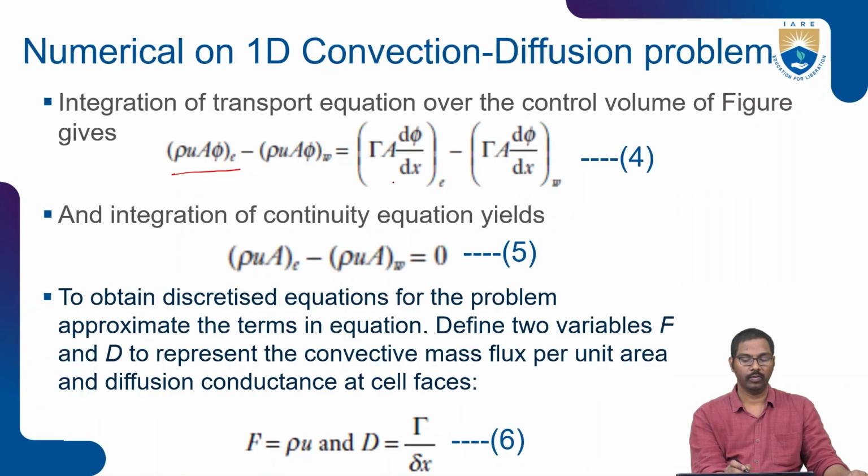Similarly, on the right we have gamma d pi by dx, which is also integrated between the faces, giving gamma A d pi by dx at e minus gamma A d pi by dx at w. Similarly, integrating the continuity equation gives rho u A at e minus rho u A at w equal to 0. Here small w and small e represent the cell faces.